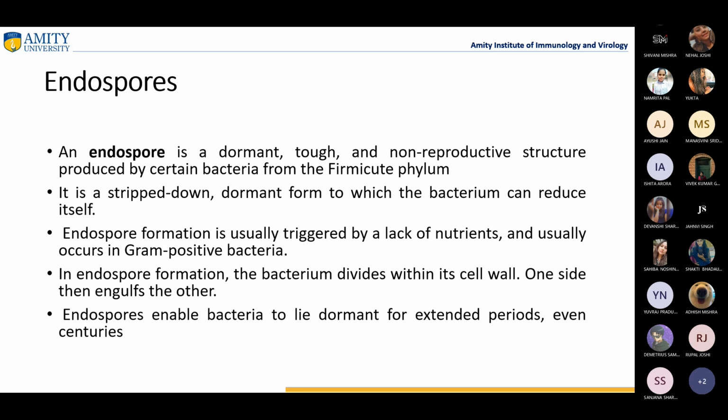During endospore formation, the bacterium divides within its cell wall on one side, then engulfs the other side. Endospores enable bacteria to lie dormant for extended periods, even centuries. Whenever they get favorable conditions or a favorable environment, they can multiply again.